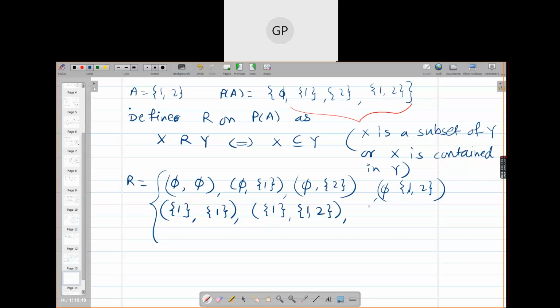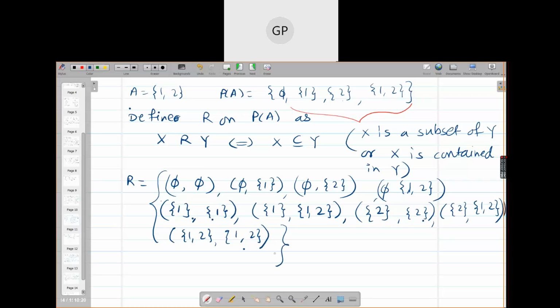Now it comes to 2. Singleton 2 is a subset of itself, and of 1, 2, right? And the last one, 1, 2 is a subset of itself. This relation is reflexive. That's why phi phi, 1 1, 2 2, 1 2 1 2 should be there. This is my relation R.